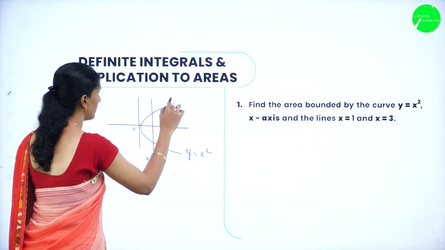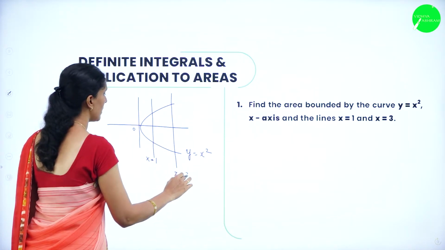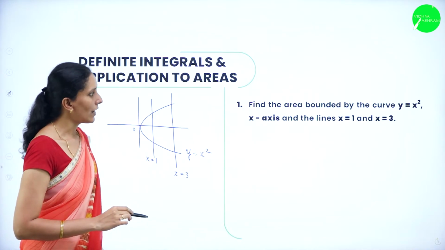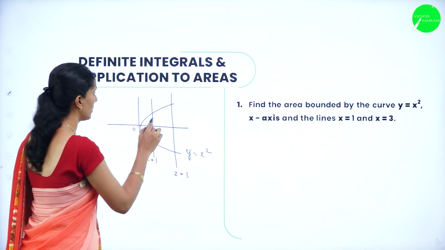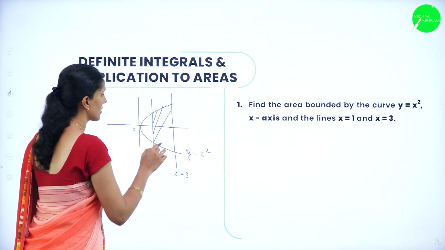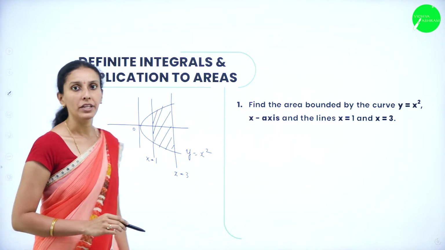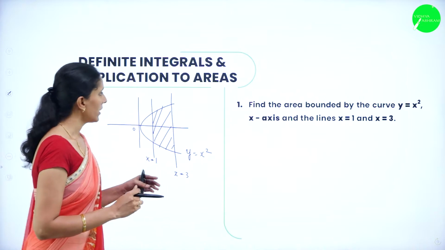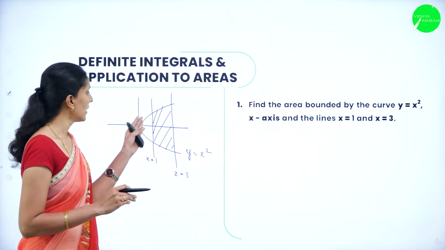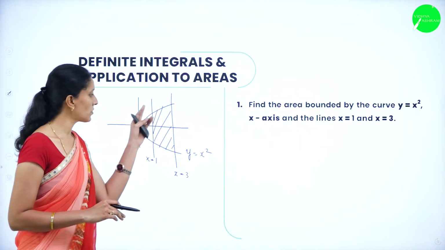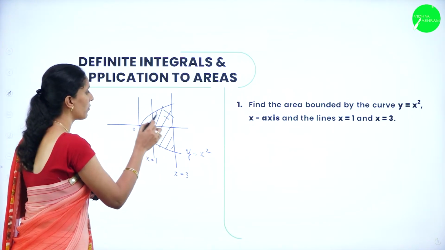Somewhere here, let me take it as x is equal to 3. So we need to calculate the area bounded by these two lines and the curve. This is the area we need to calculate. Here we need to take only the first quadrant, because the curve should be non-negative, so we will take only this part of the area.